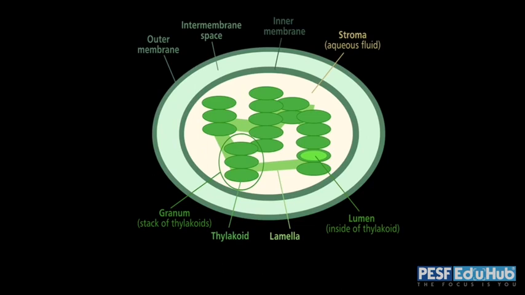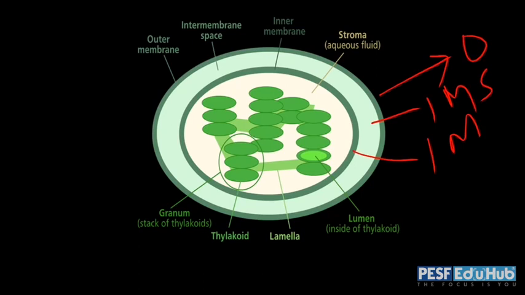In between these membranes there is a space called the intermembrane space. Inside the chloroplast, there is an aqueous fluid. This white colored part is known as the stroma, the aqueous fluid called stroma.